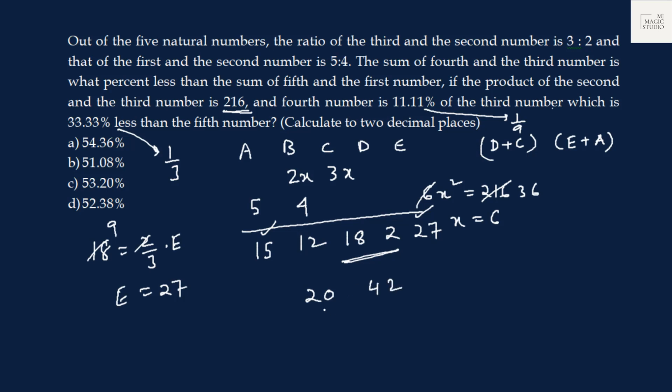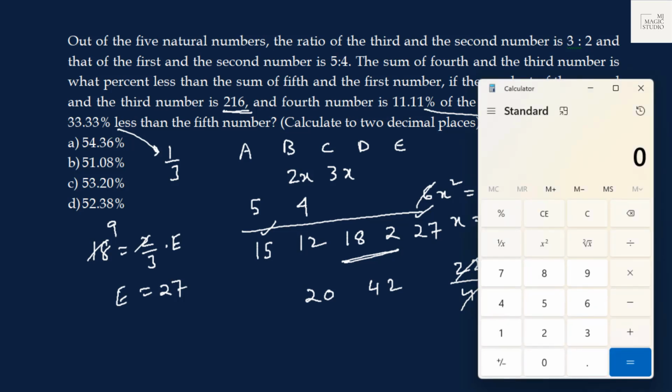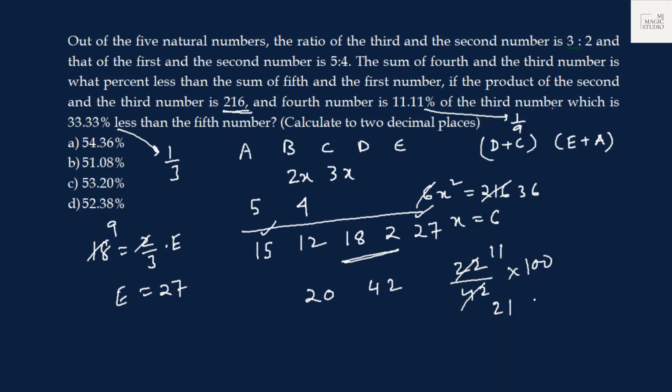So they are asking how much is 20 less than 42. 20 is 22 less than 42, in percentages will be 11 by 21. 11 by 21 in percentages is 52.38%. So C plus D is 52.38% less than E plus A, that we have in option D.